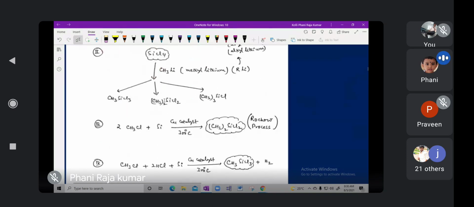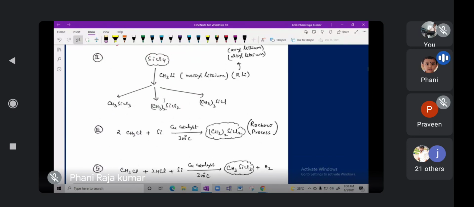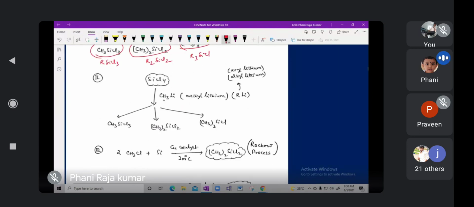One more method we have: the same SiCl4 reacts with CH3Li, methyl lithium, or alkyl lithium or aryl lithium. Then also we can prepare CH3SiCl3 type, or RSiCl3 here, R2SiCl2, and here R3SiCl.